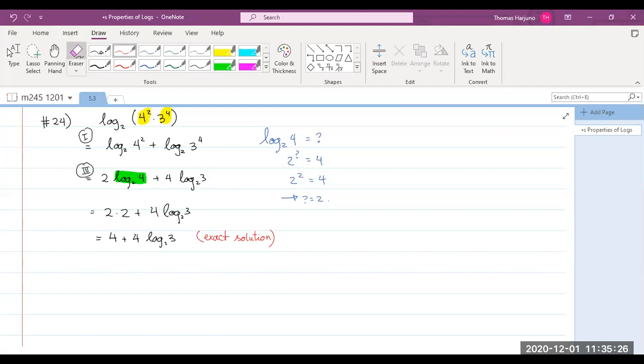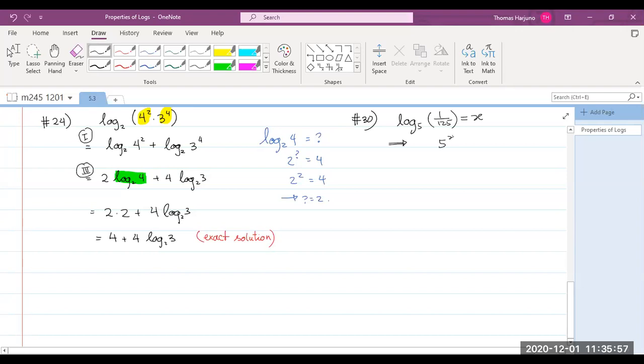Okay, let's go on further. Suppose, for example, I do number 30. Yeah, we did this kind of question actually last week. Log base 5 of 1 over 125. They say do not use calculator. Call this x first then. So we will get 5 to the x equals 1 over 125.